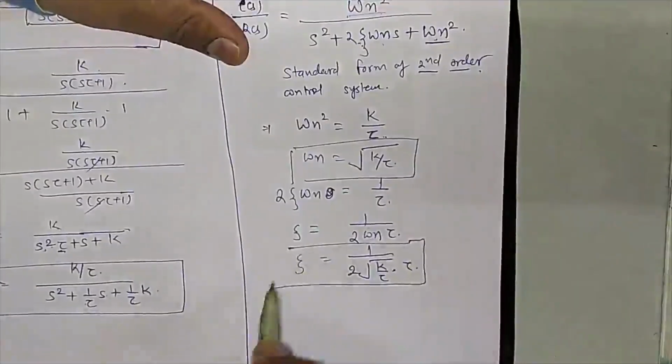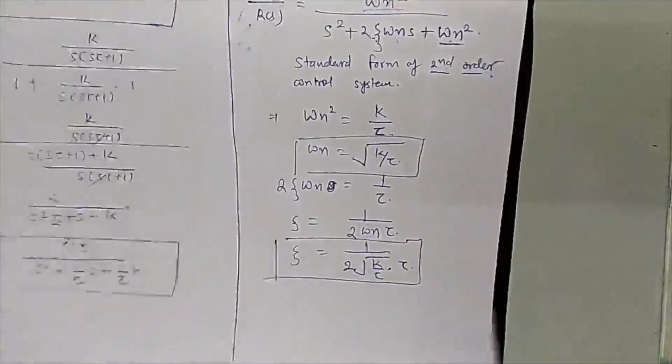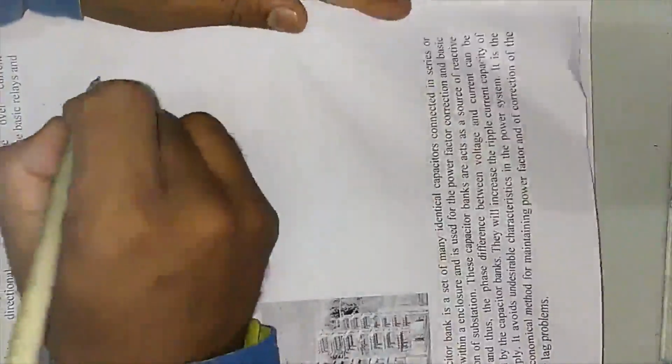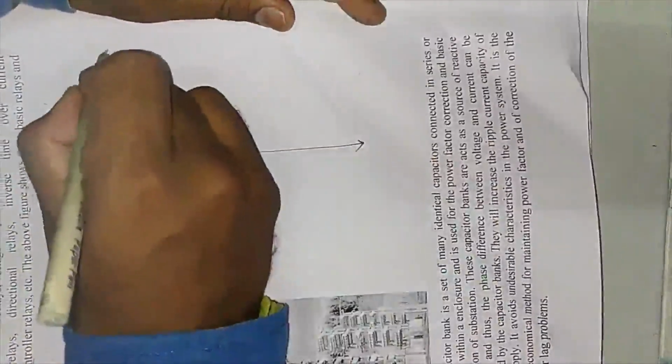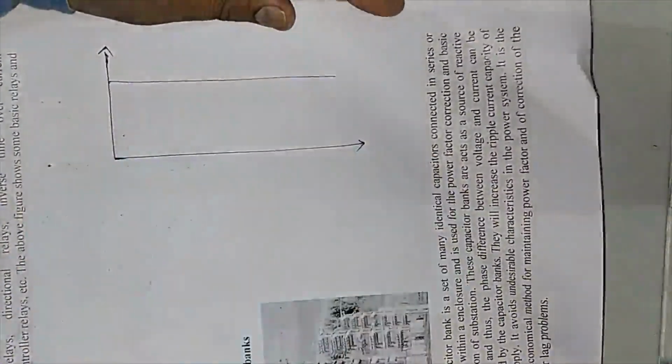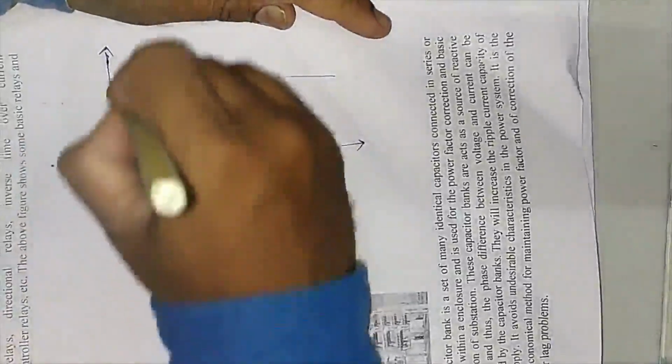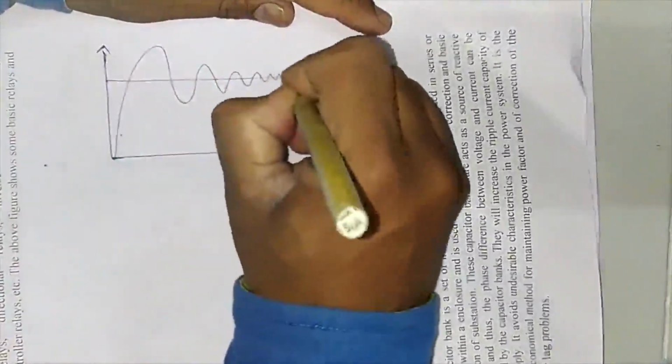So what is zeta and omega n? Okay, for that we are drawing the waveform again. So what is the waveform? Let us say your output will be looking like this. You will be having a reference input and your output is like this.